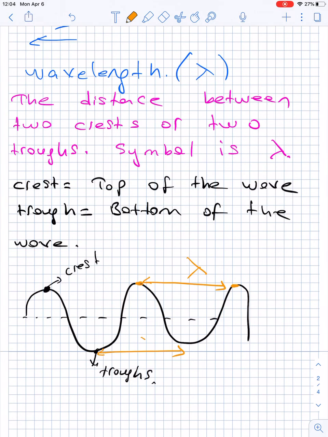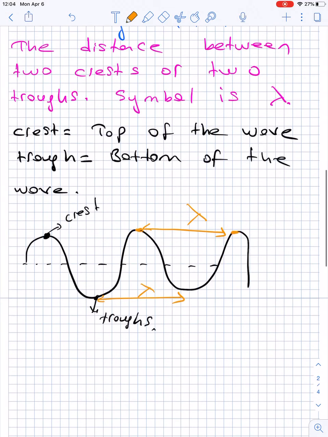Same also between two troughs. And this here is the maximum distance, meaning amplitude. Amplitude symbol is A.